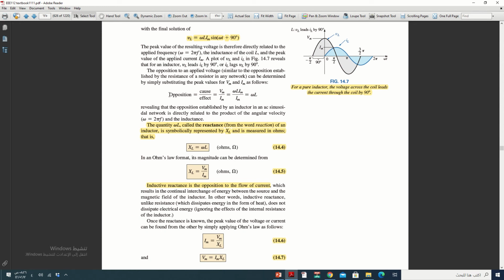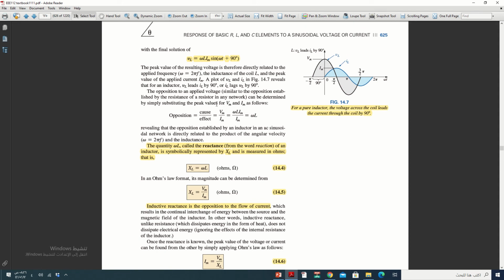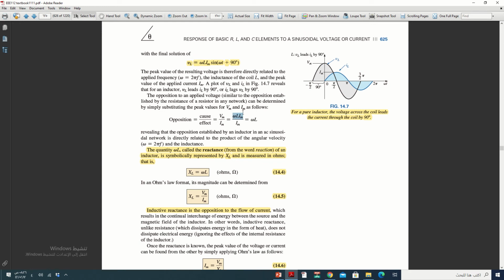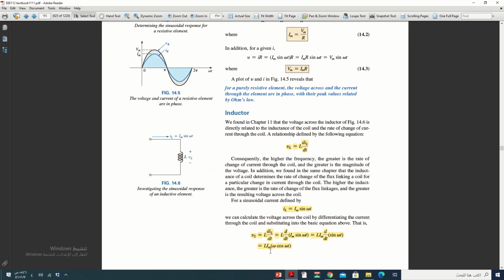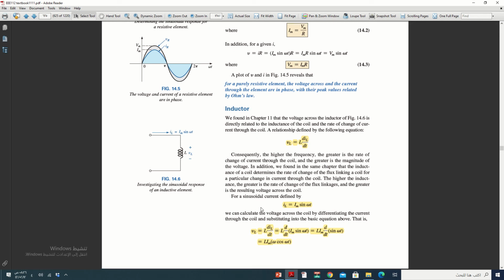If we need to find the opposition, like for a resistor, we need to divide the voltage over the current. Here the voltage has a constant number, omega L Im, and for the current the constant is the peak only, Im.